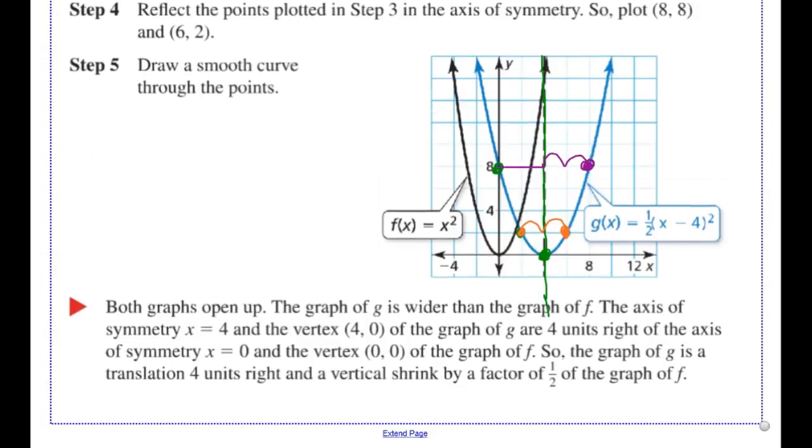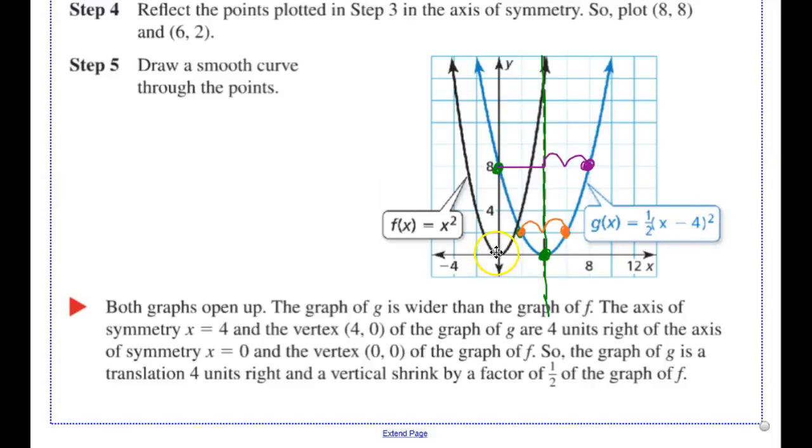When I'm comparing this to my parent function, I want to say that they're both opening up, right? Because they both have positive a values. The graph of g is wider, or shorter and fatter, because I have this vertical shrink, because a is less than 1, it's a fraction. My axis of symmetry is now x equals 4, which is my h value.